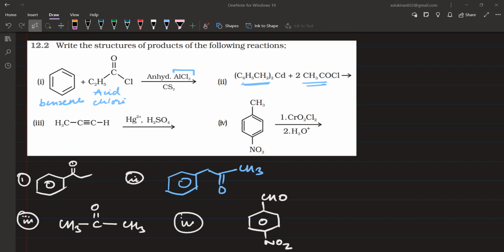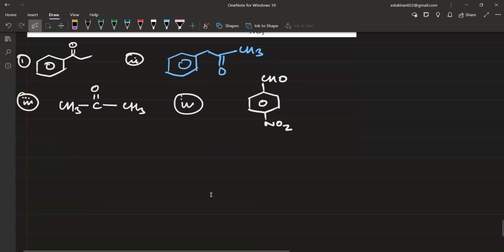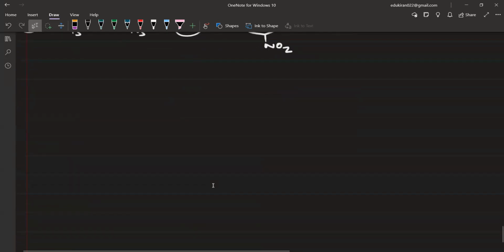Anyone still writing? No. Write the physical properties फिर method chemical properties next class में करेंगे, ठीक है? Right, physical properties.